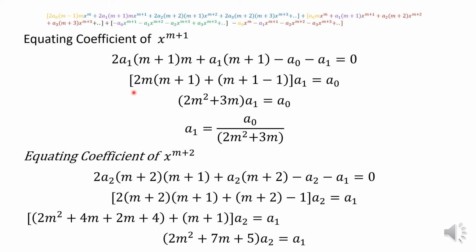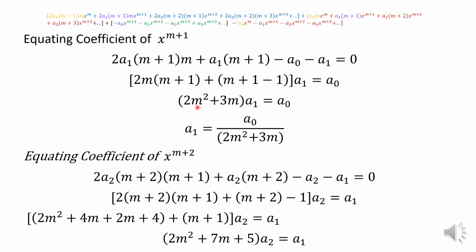So similarly collecting these terms, it will be 2m square plus 3m. How? You can see the 2m will be there, and here it will be m only, because this 1 will be cancelled. 2m plus m will be 3m, and 2m into m is 2m square, right?